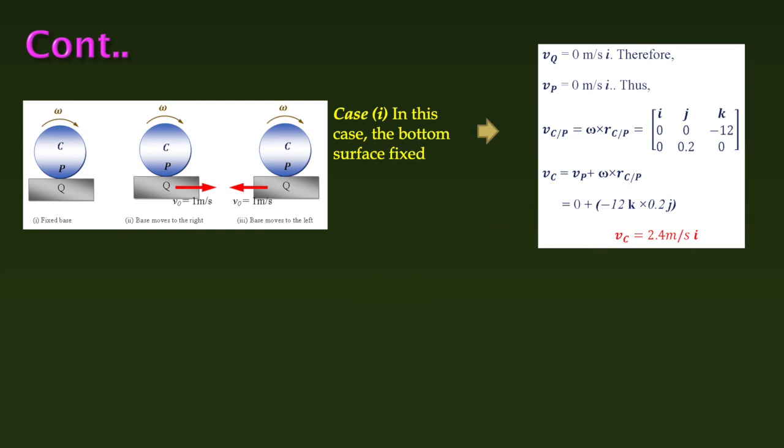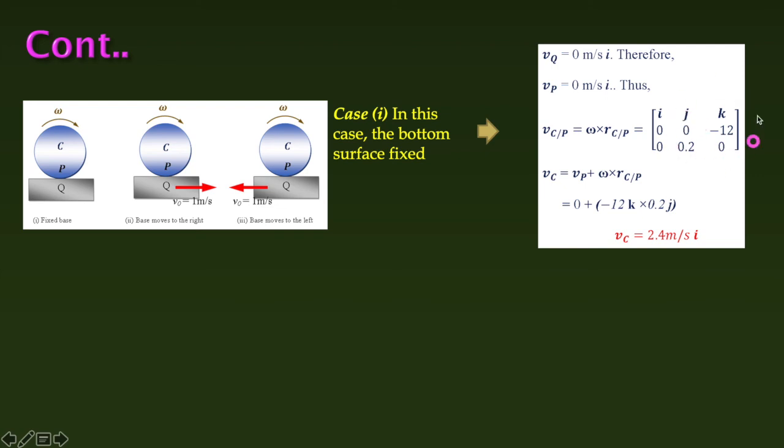Now, condition-wise, the values are: V_Q is 0, since initially it was a static condition, so substitute this, and omega cross R_CP, where omega is the k part only. For R_CP, the direction is j, as I have told you, the downward direction that we have considered as j, so the i and k components are 0.